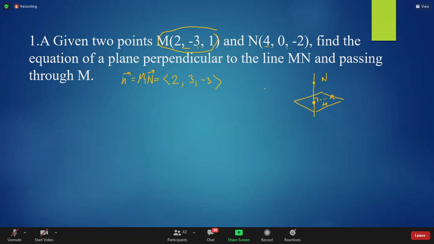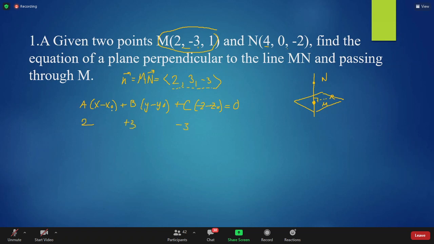All we have to do is write the equation in the form a times x minus x0 plus b times y minus y0 plus c times z minus z0. That is an equation using the normal vector of a plane passing through a given point. Now A, B, C are the coordinates of the normal vector, so I'll write 2, 3, minus 3 instead of A, B, C.